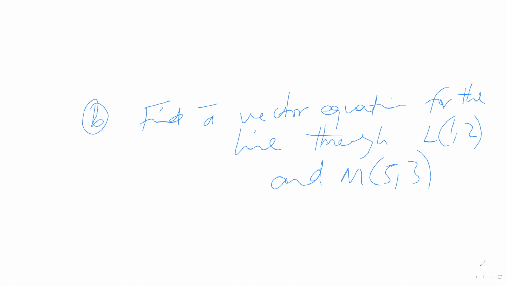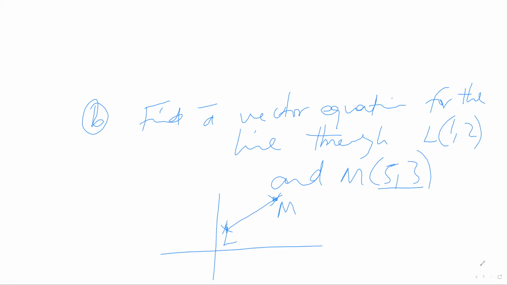Here, if I do a sketch, guys, this is 1, 2, a point somewhere there, and 5, 3 is a point somewhere there. So we are talking of this line here. This is L and this is M. That's what we have if I do a sketch.